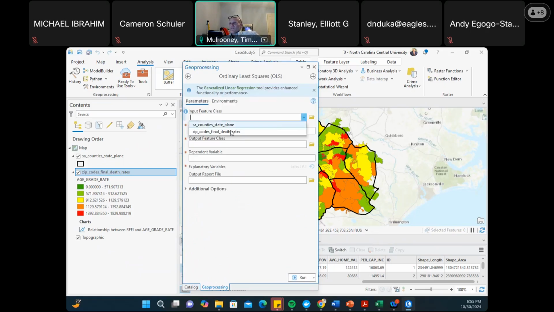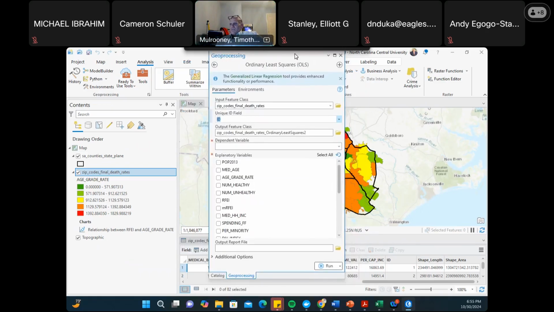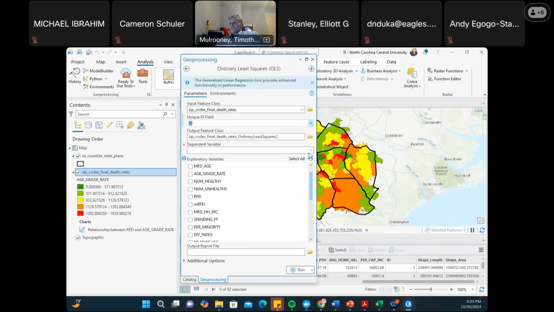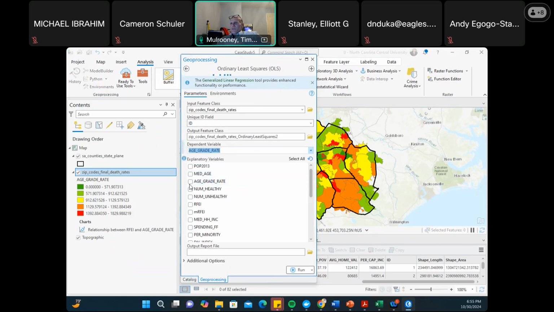And while I'm thinking of it here, oops, I was going to click on that. Generalized. Okay. All right, dependent variable. I was going to click on the tool and go back. Age graded rates, median age, because age should matter, right? MRVI, access to food, percent minority, diversity index, spending on fruits and vegetables, spending on medical bills. We'll just click on a couple of these here.